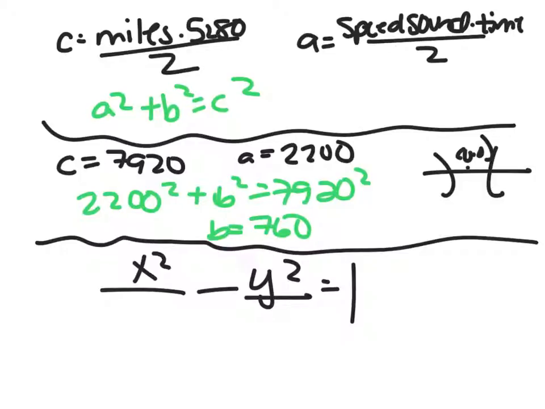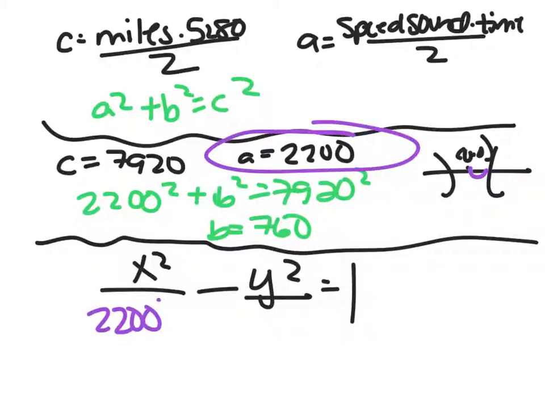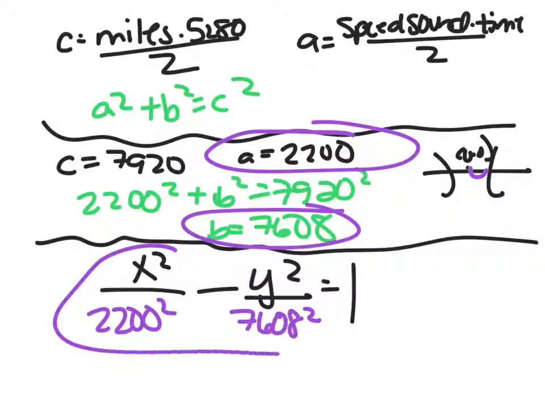Underneath my x squared is my A, that was my distance to my vertex, so that's 2,200 squared. And then underneath my y is 7608, I forgot the 8, squared. Since these numbers are huge, you can leave it like this. This is the equation of where the lightning could have occurred on a hyperbola.